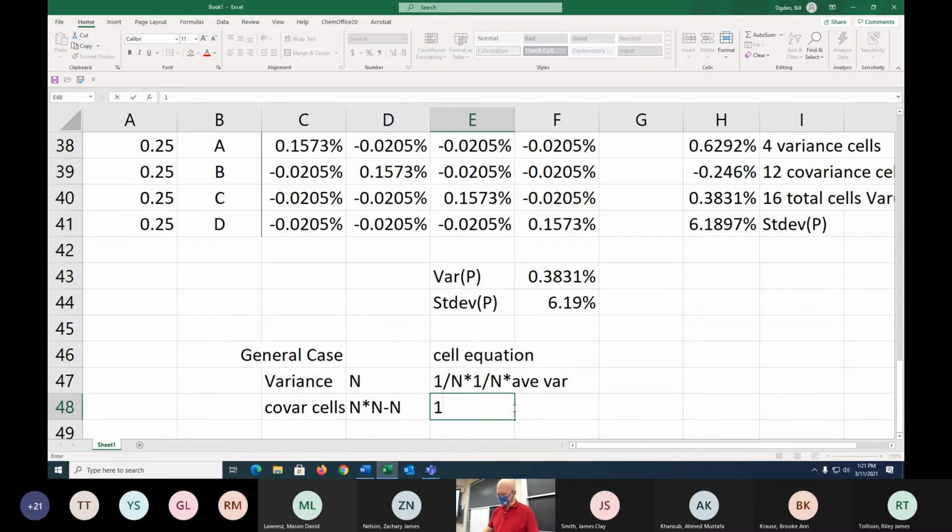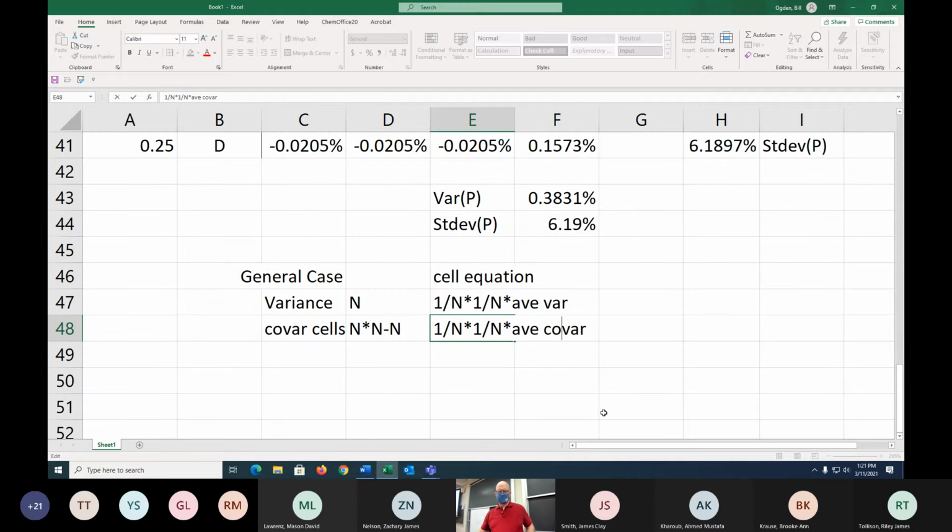You have 1 divided by N. Actually, it's pretty close, isn't it? What changes? Instead of the average variance, you multiply it times covariance. Very good. Covar. Okay. All right.